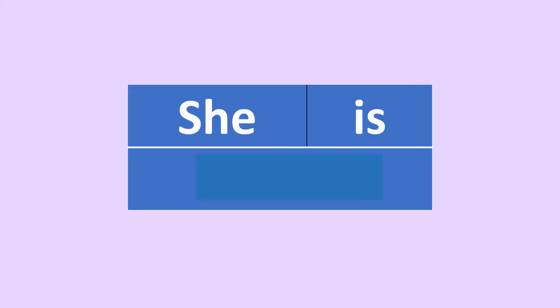The same rule applies when we're not using a name. Sometimes, instead of nouns, we use pronouns, like she. So instead of saying Emma, instead of saying the name, we say she instead. Here we've got the pronoun she and the verb is.